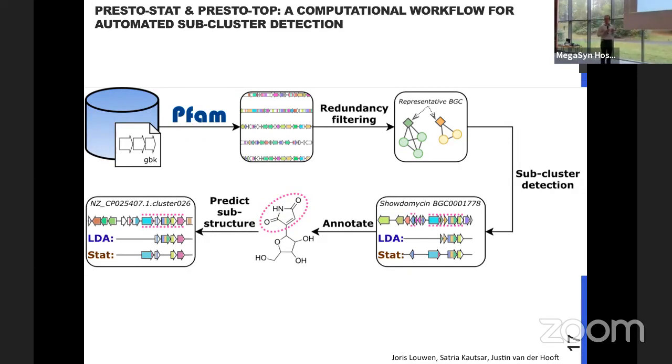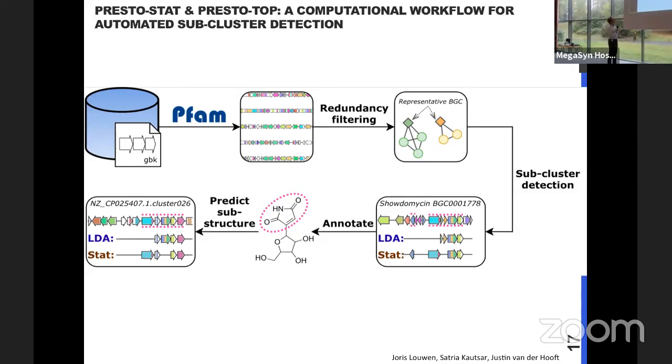And in this way, we can also find biosynthetic topics of genes and domains that co-occur very frequently, and more frequently than expected, across gene clusters using the same natural language processing algorithm.